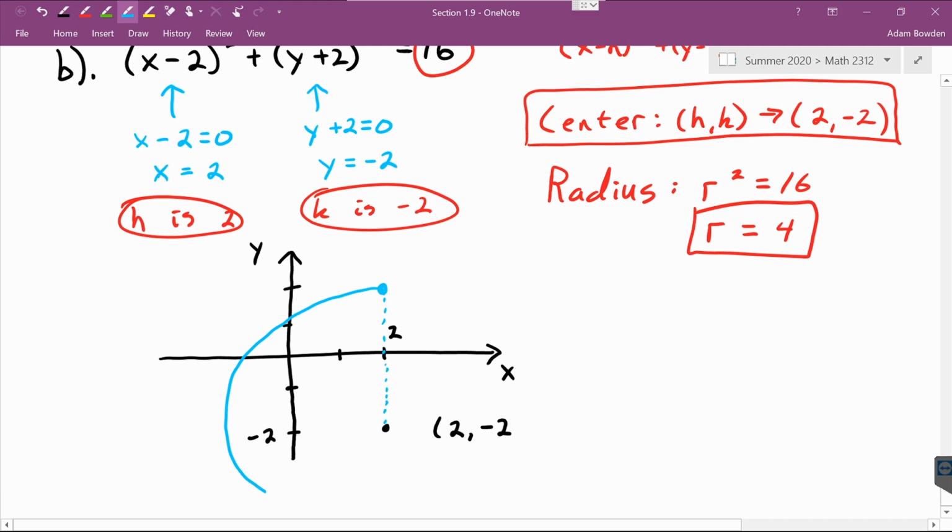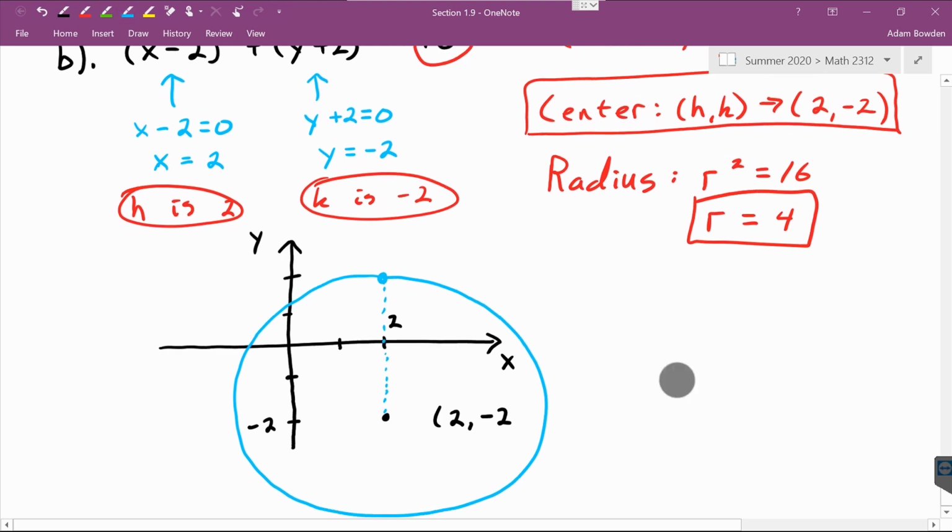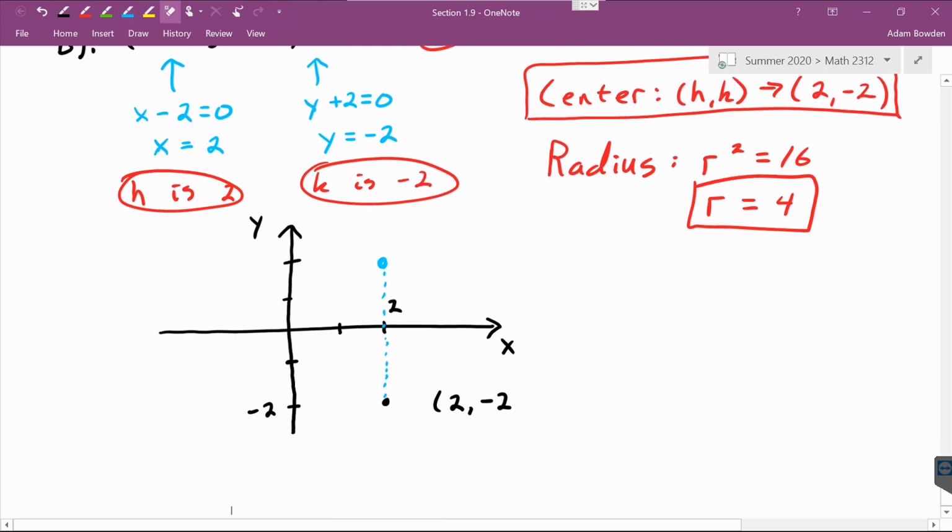So just a best circle shape. Doesn't have to be perfect. We're just doing this by hand, so maybe something close. We'll try one more time. Something close to that is good enough for what we're trying to do here. So we got the radius of 4. We got our center at 2, -2. So that's about all we need to do here.